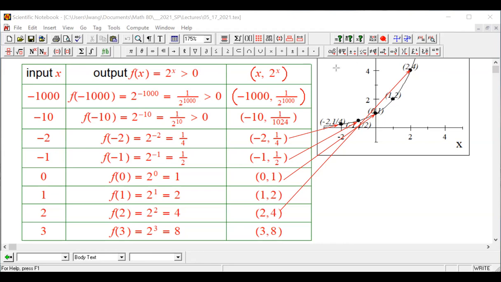All the points plotted. And in particular, we look in the other direction.